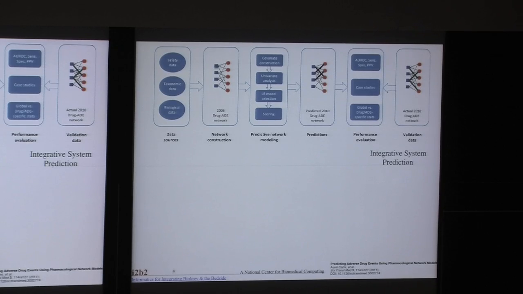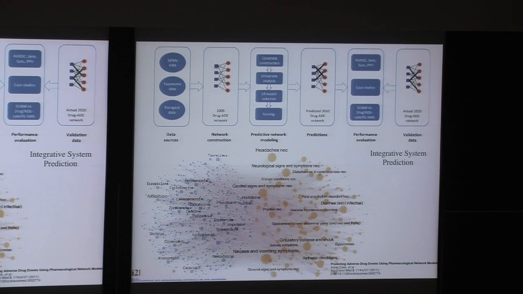And they trained up a simple network to predict adverse events based on a training set of data from 2000 to 2005. Then they said, can we predict new adverse events from 2005 to 2010? And the network predicted going from all those drugs to all those adverse events with 80% accuracy.